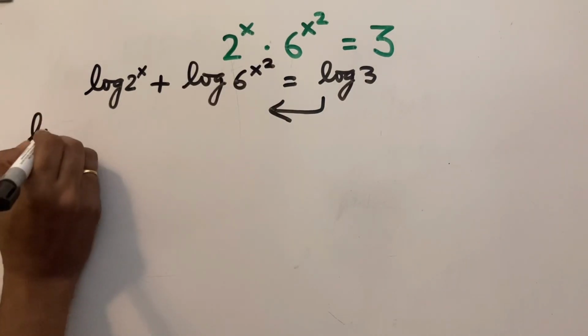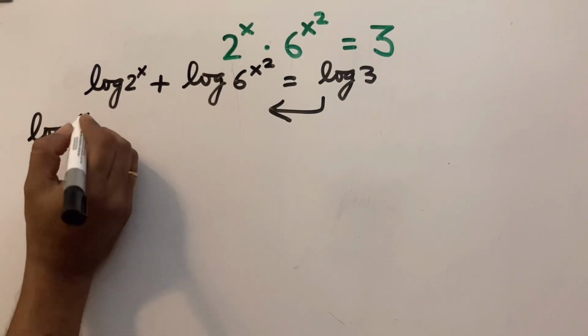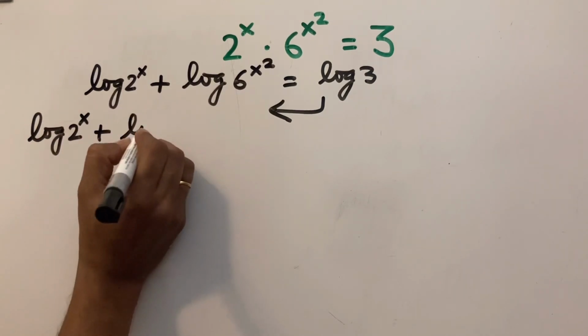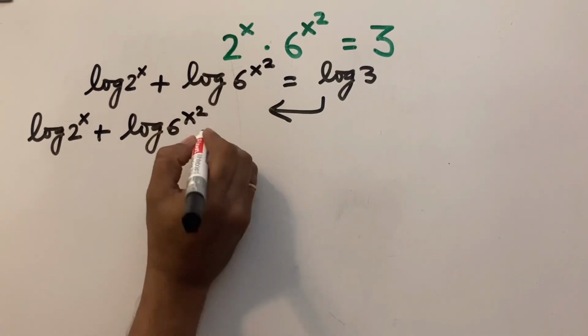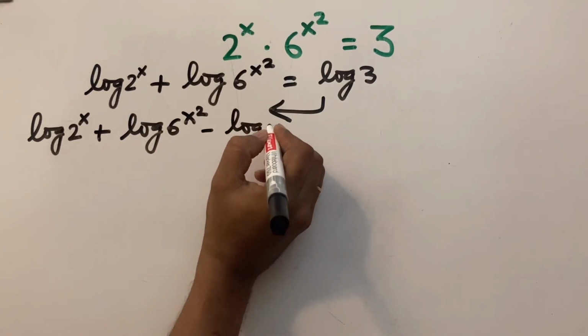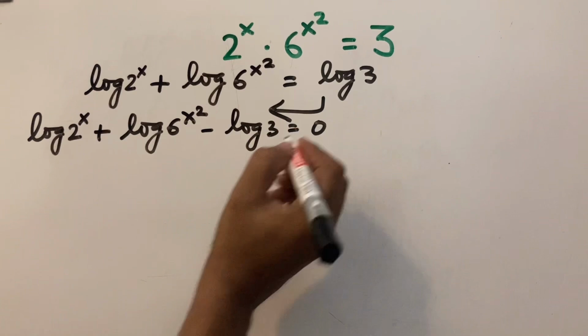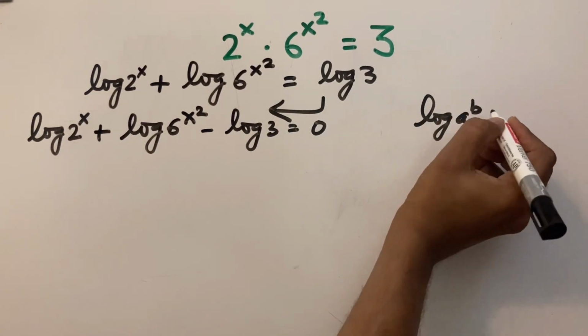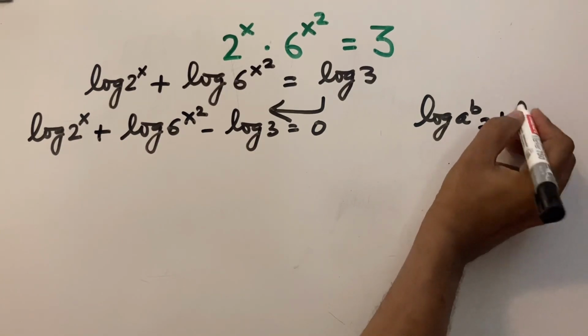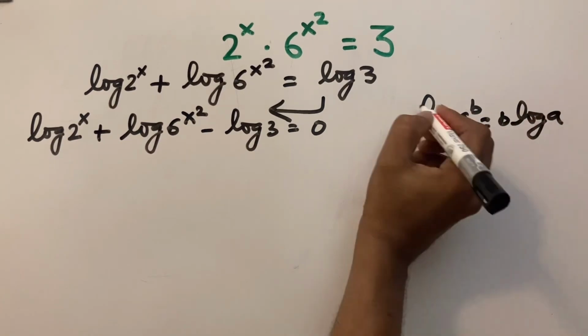So this is log 2 to the power x plus log 6 to the power x square minus log 3 equals 0. As you must know that log a to the power b is equal to b log a.